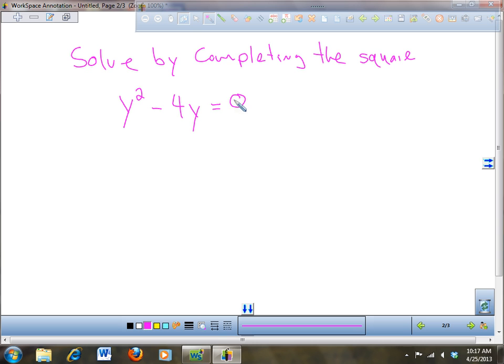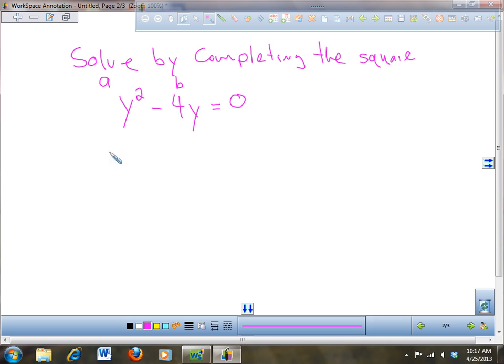And so what you want to do, the method that you use, is take the coefficient in front of the y, which is b. Remember that? And the coefficient in front of the y squared is a. What you want to do is take half of b. What's half of b? Negative 2.